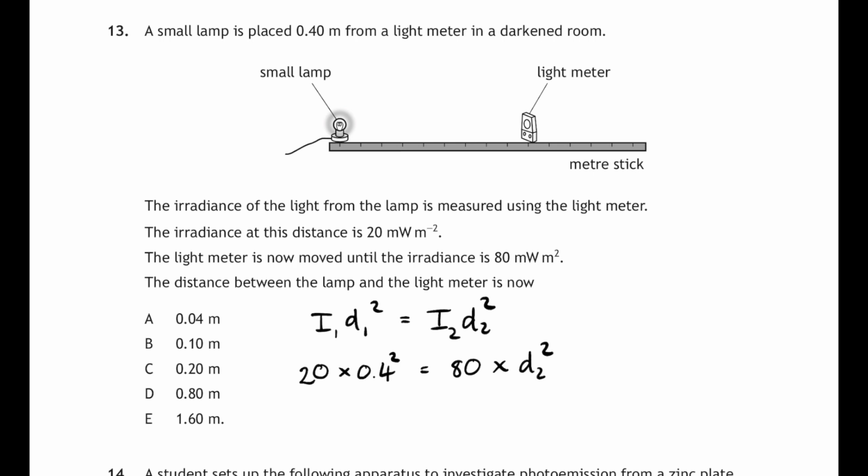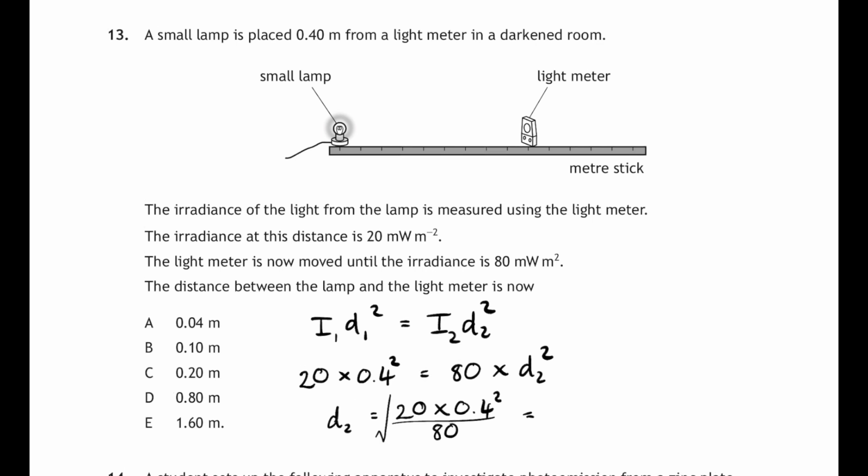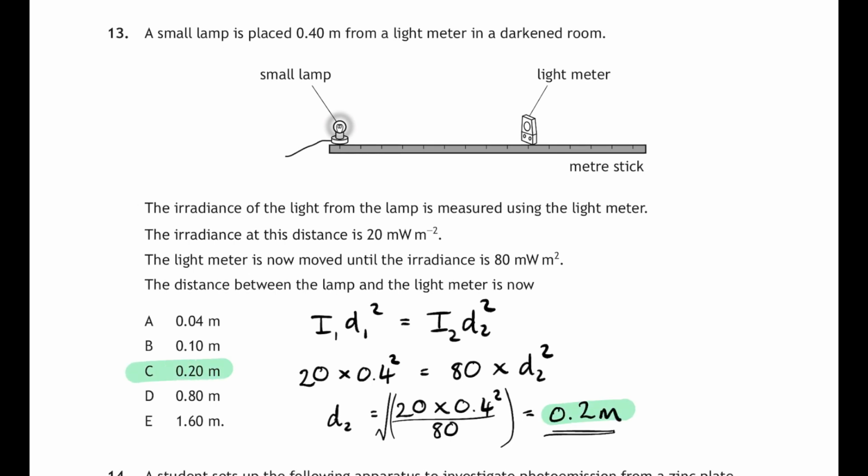And then we're going to rearrange it to get d2 squared on its own. So d2 squared will be 20 times 0.4 squared divided by 80. And then we can square root the whole lot to get d2. And that gives us an answer of 0.2 meters. And that corresponds to answer C.